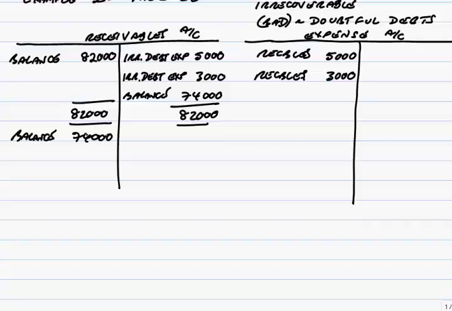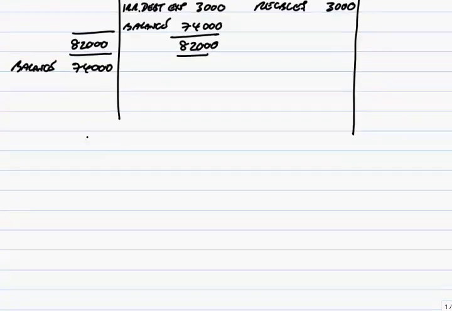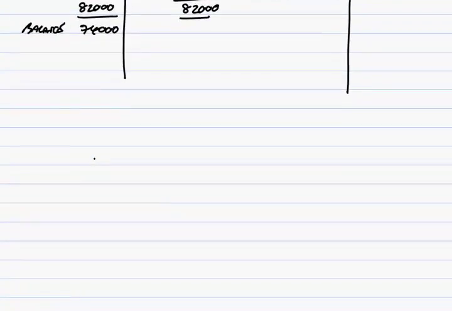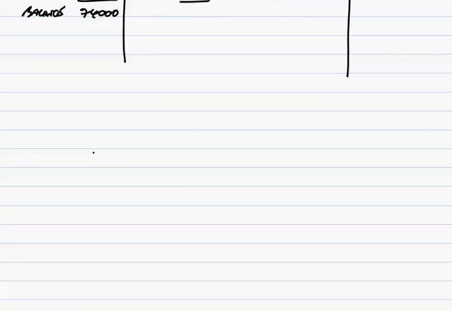And remember, that is the amount that we're hoping to collect. However, although we're not going to change that 74 in the T account, on the balance sheet, we're going to deduct from that our allowance for any doubtful ones.